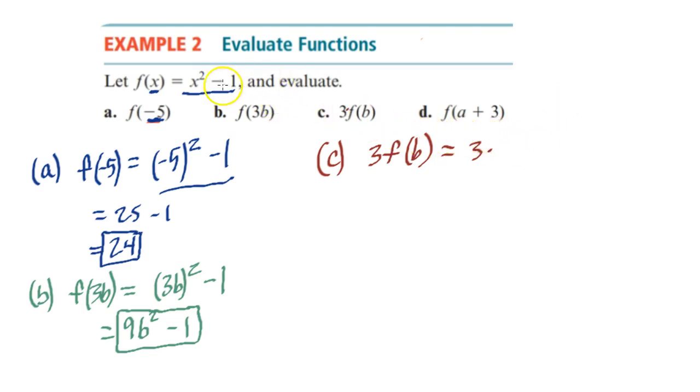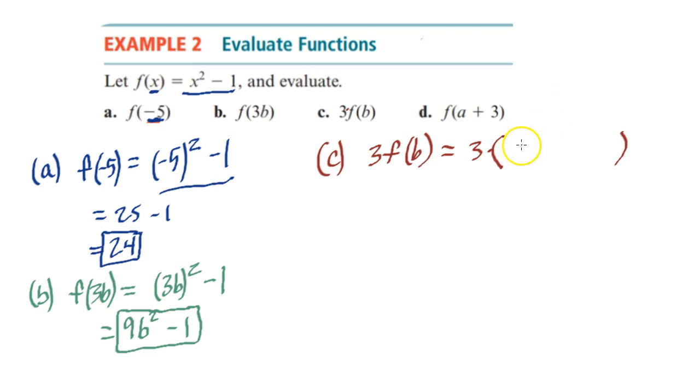So f of b is wherever you see x, put a b. The entire f of b is going to be multiplied by 3, so we need parentheses around all of this.